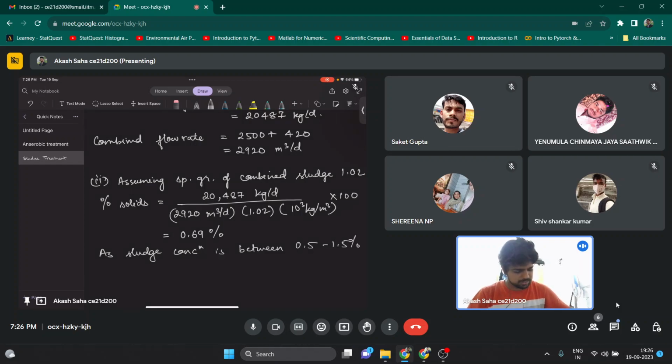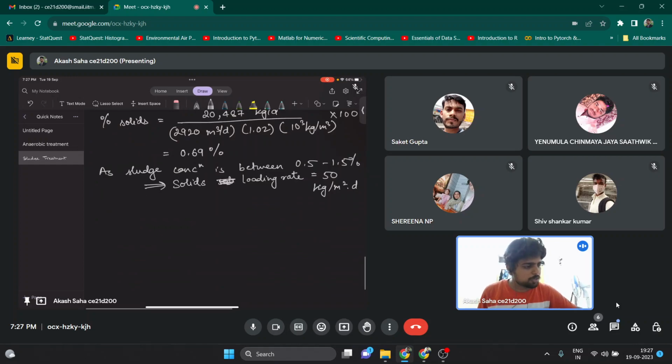Whenever this is the case, my solids loading rate I can take as 50 kg per meter square day. 50 kg per meter square day. So this solids loading rate is important to find the surface area of my gravity thickener.